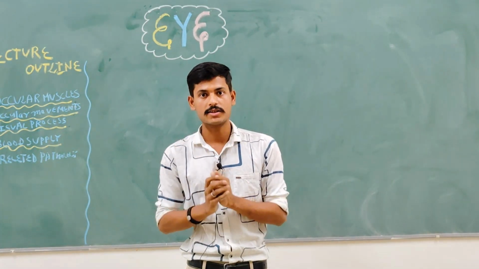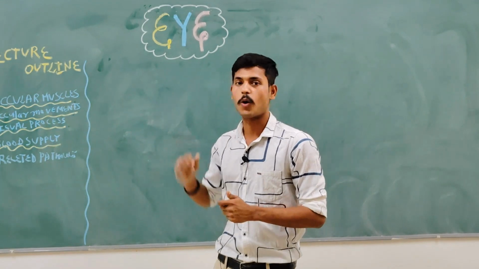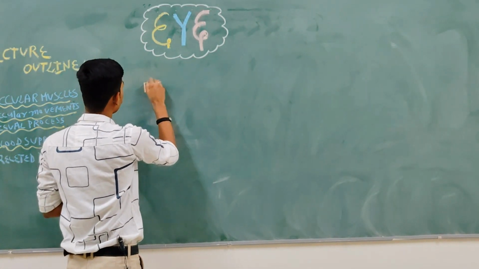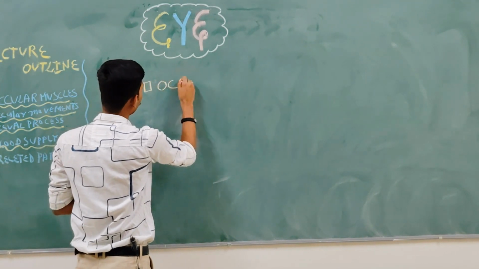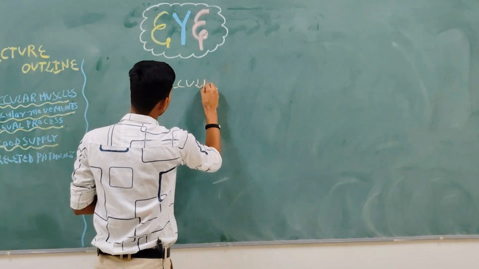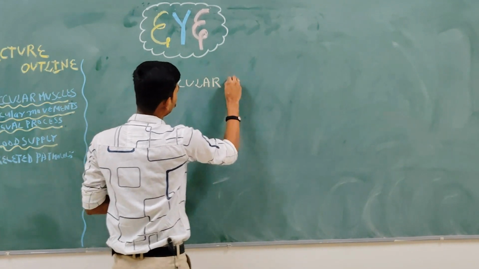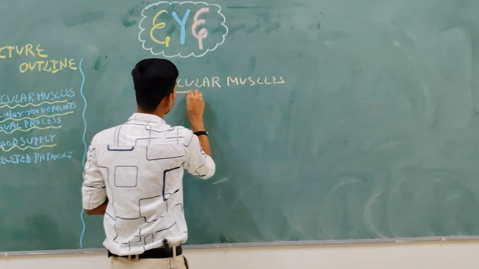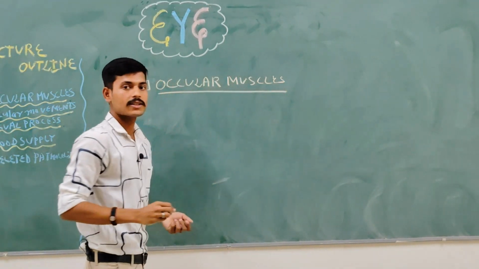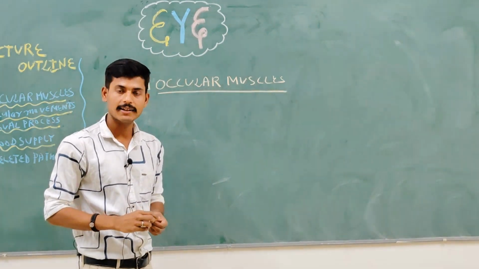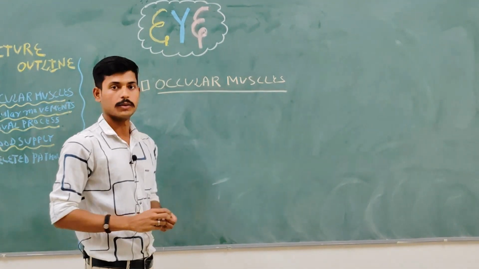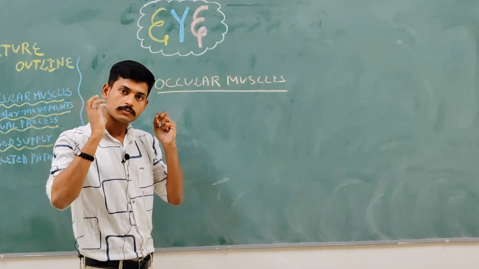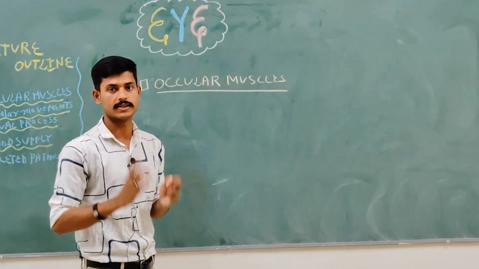This is accomplished with the help of the ocular muscles. These are basically a set of muscles which help the eye to adjust and to mediate a proper vision.